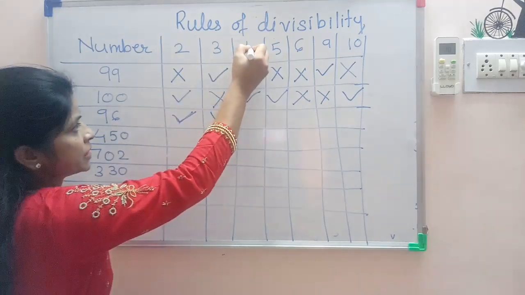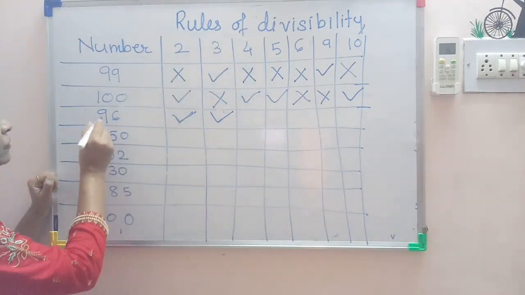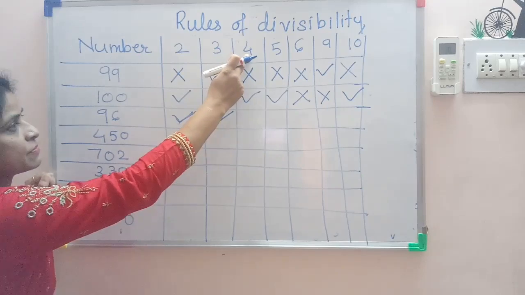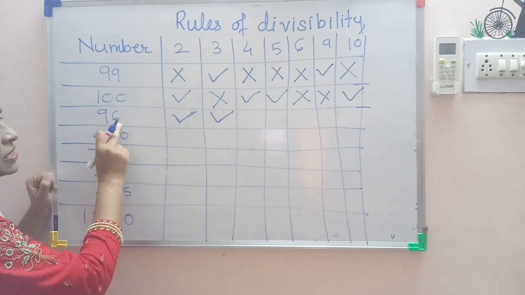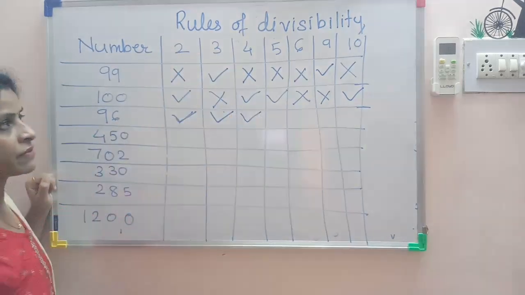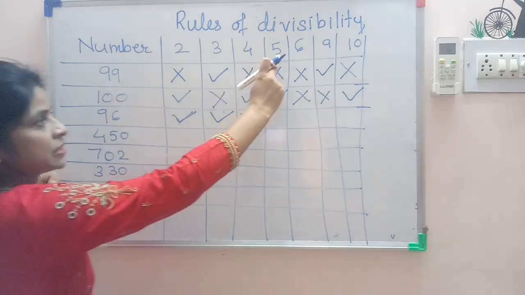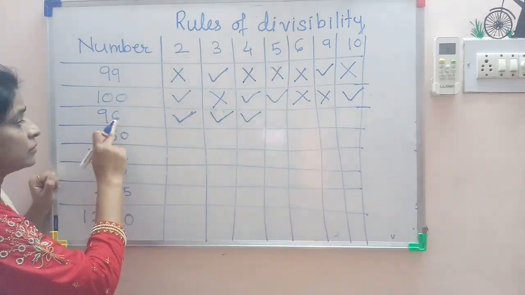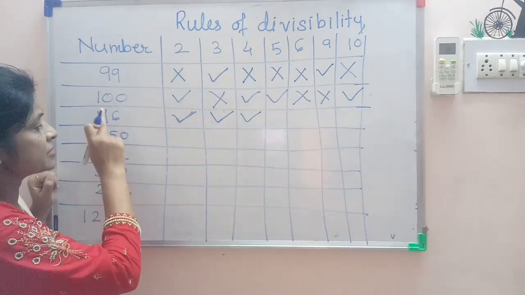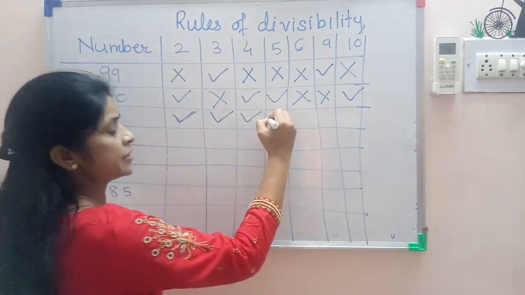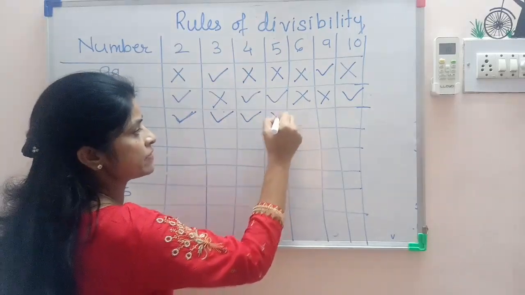Now the divisibility rule of 4. Whether the last two digits are divisible by 4. Yes, it is divisible by 4. So 96 is divisible by 4. In the divisibility of 5, the number should end in 0 or 5, but it ends with 6, so it is not divisible by 5.